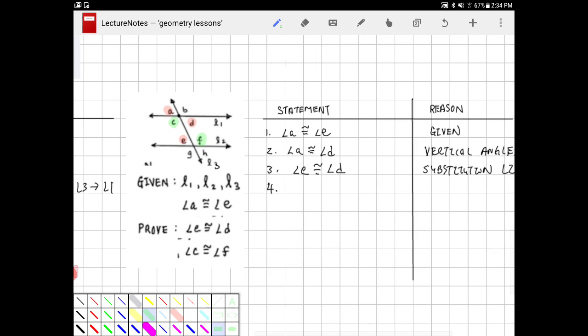So recognizing that angle A and C, we recognize that angle A plus angle C is equal to 180. And we also recognize that angle E and angle F is equal to 180.